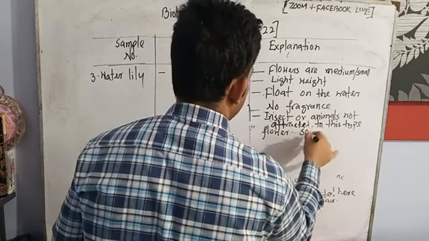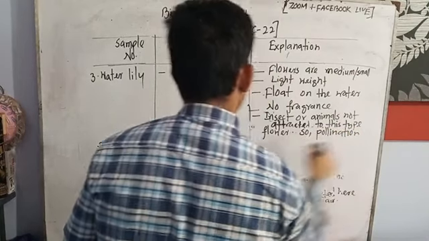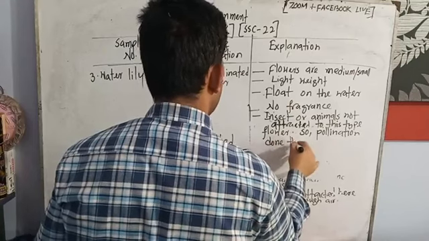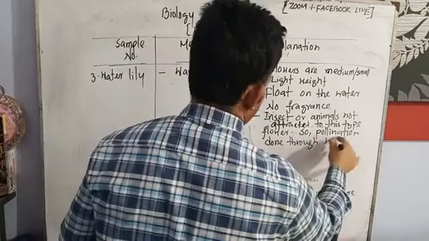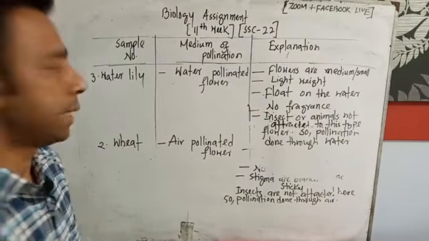So pollination is done through water. So they are water pollinated flowers, we can say in general.